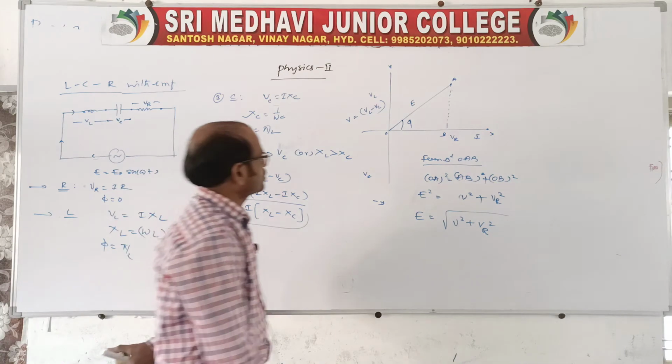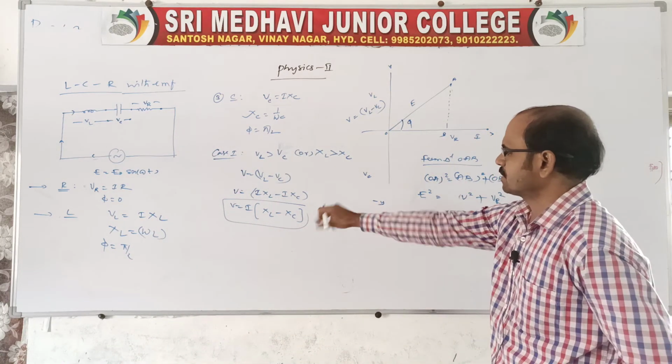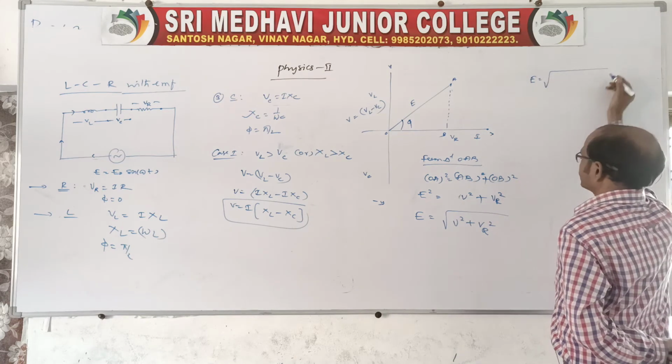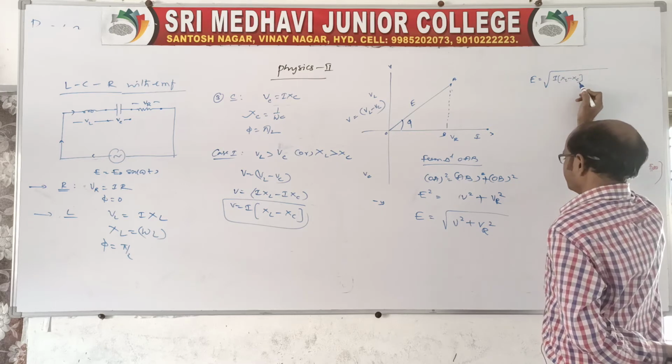Now V is I into XL minus XC, so the resultant is root over I into XL minus XC.